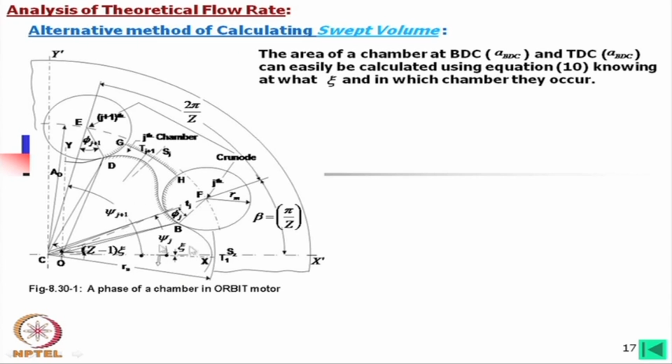For the geometry we have considered, if you consider this angle equal to 0, then you can first calculate the area at chamber 7, which is the chamber at top dead center, and then after a rotation of pi by z into z minus 1 angle, you can take the other one, that is z minus 1 by 2, in this case the third chamber after this, and then you will get the bottom dead center area.